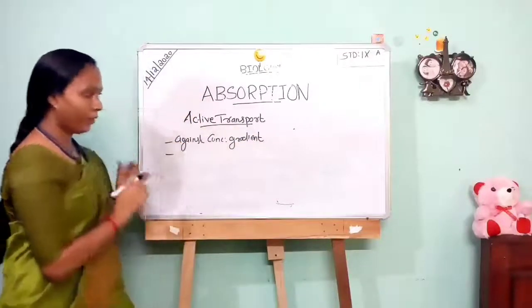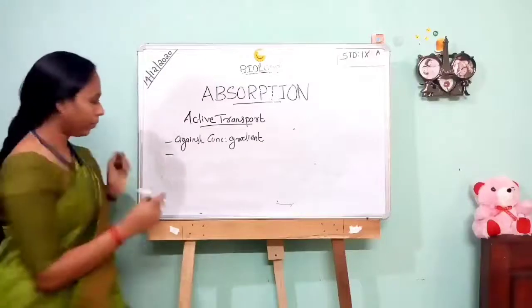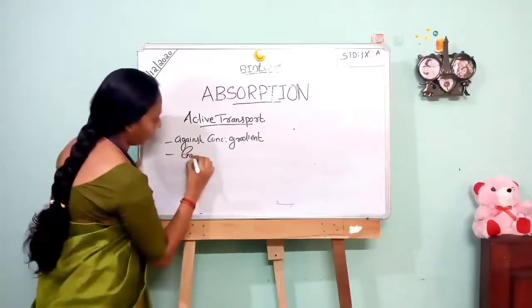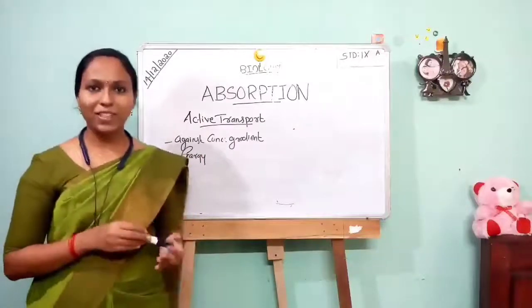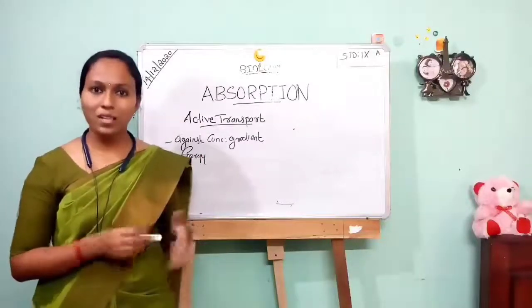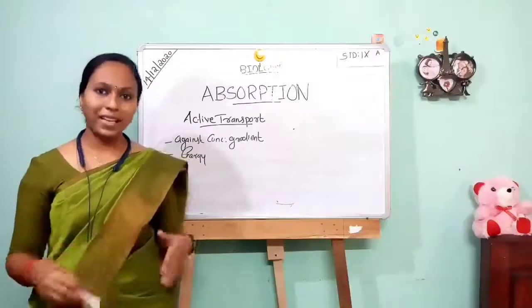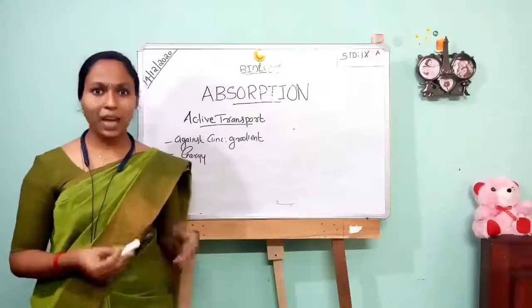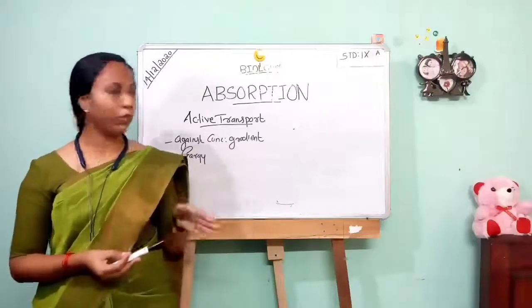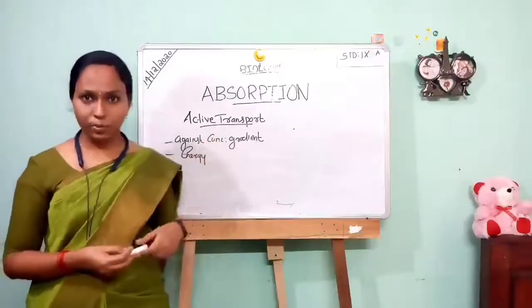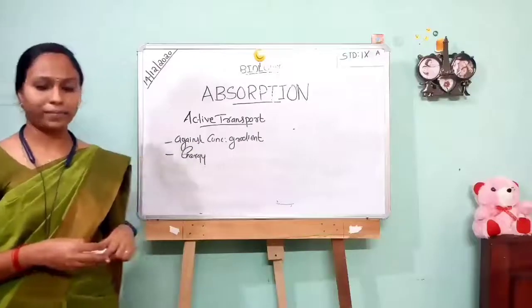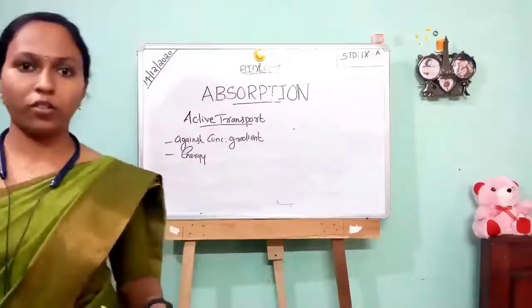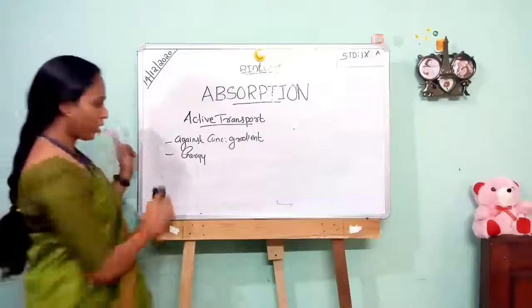This process requires energy. Example is when the concentration of glucose, salt, etc. decreases in the small intestine, the absorption is carried out through active transport. Are you clear? Okay. And then take your notebook and write down the question.